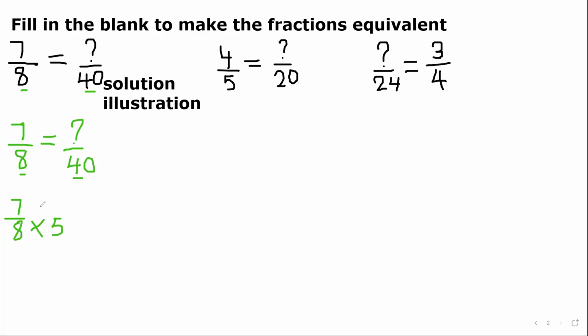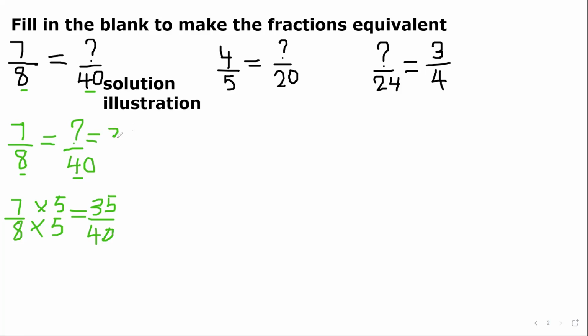The numerator. Okay, and then the same 5 must be used to multiply the numerator. And then 7 times 5 will be what? 35 here. Okay, all over the 8 times 5, that will give us what? 40.